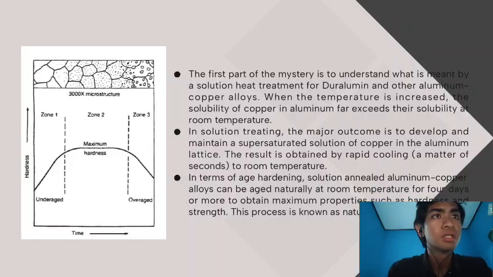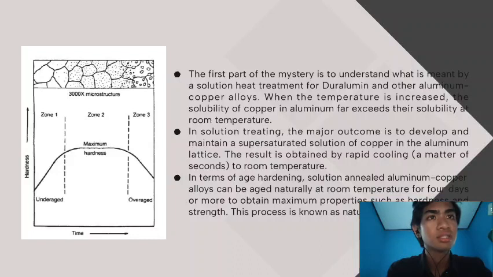However, when the alloy is rapidly cooled, the copper atoms do not have adequate time to move and form the equilibrium state of aluminum copper solid solution with some CuAl2 phase.